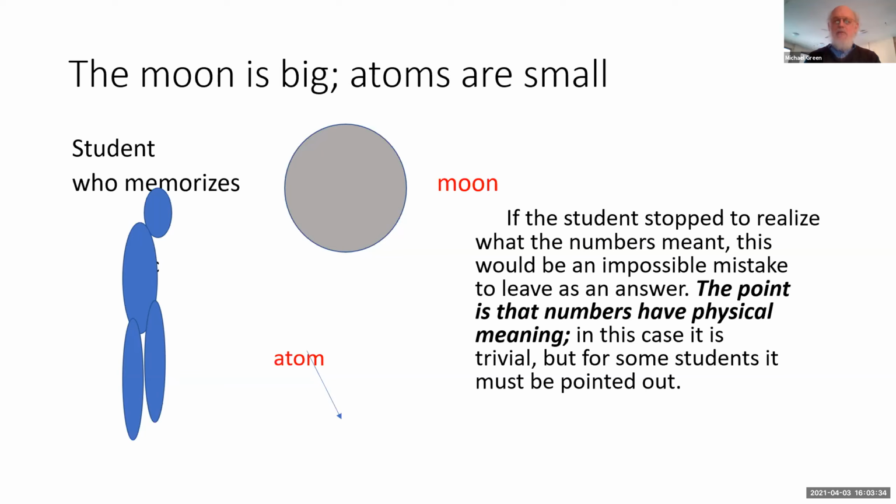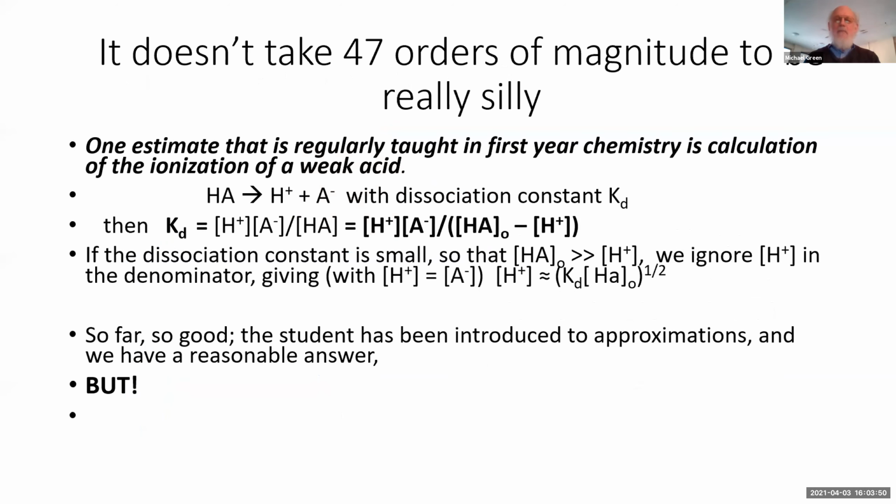If the student stopped to realize what the numbers meant, what the physical sense of the numbers would be, then they would never make such a mistake. They would realize that they got an answer that was far too big to be an atom by about 45 orders of magnitude. Now, you don't have to be off by 47 orders of magnitude to be really silly.